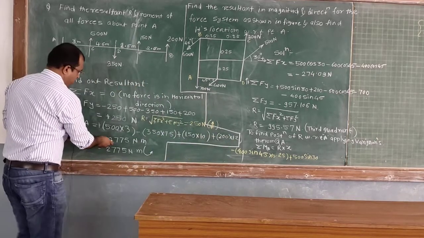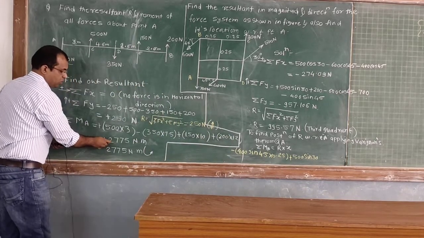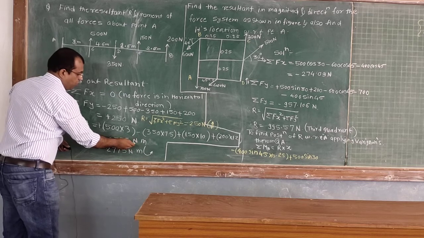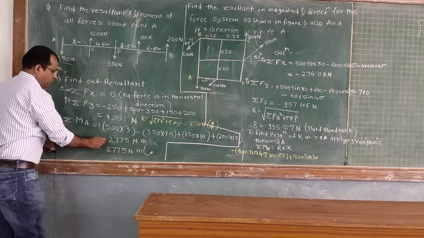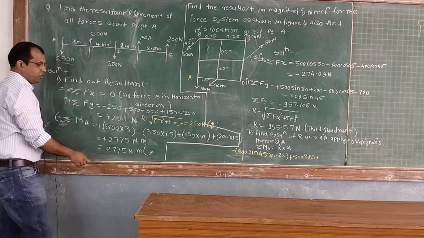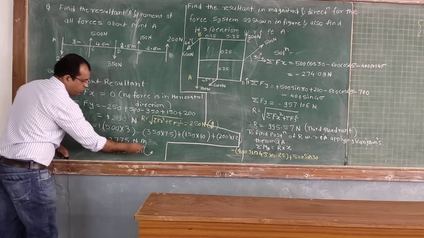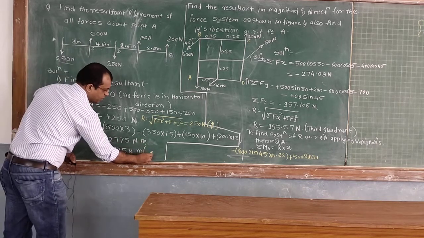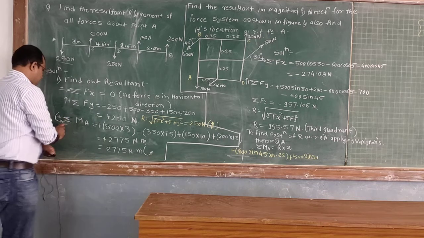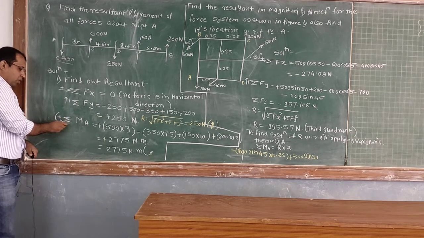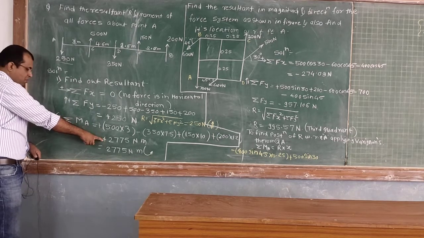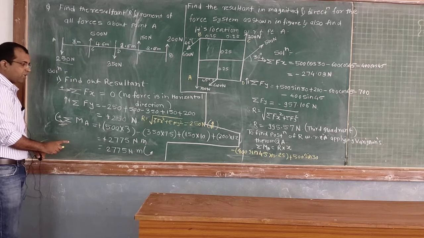So your moment is 2775 Newton meter, and it is positive. The answer is positive, so it indicates that the moment is in the anti-clockwise sense, because we have assumed the anti-clockwise direction is positive and our answer is positive. So the assumed direction is correct.